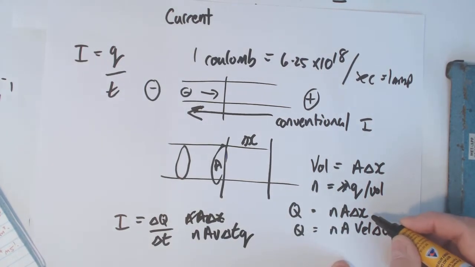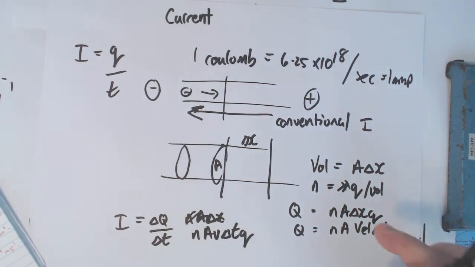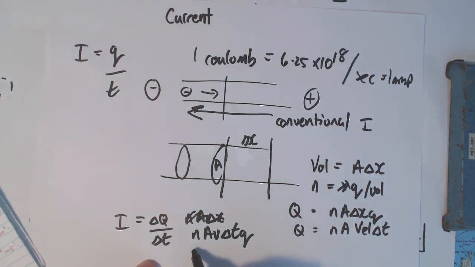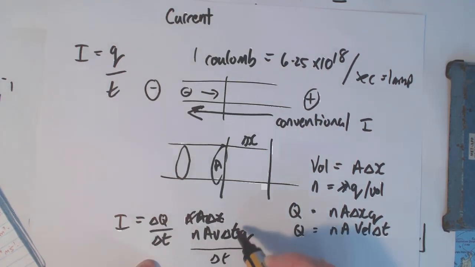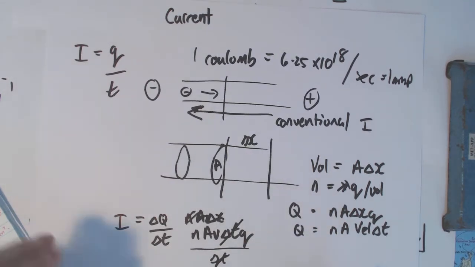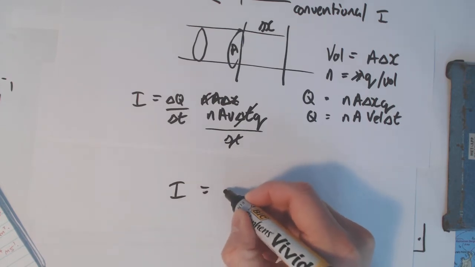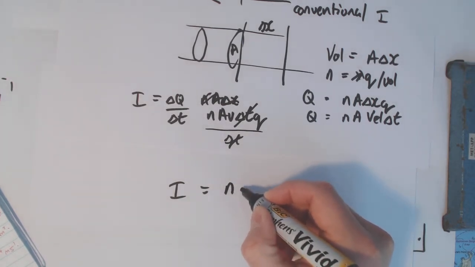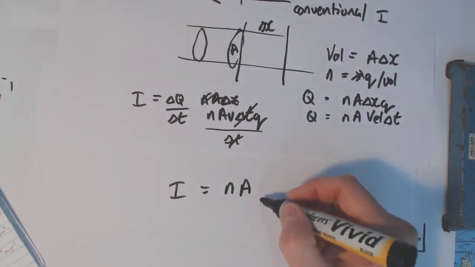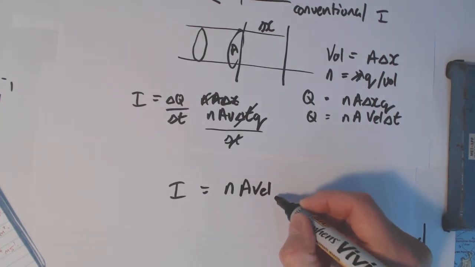I had to actually put on that charge, because you have to multiply the number of charges times the charge for a single charge to get the total charge. So we're good though. n A v delta t times the charge. But we need to divide that by delta t, which we can, and then it cancels. And so we end up with I being equal to n, number of charges per volume, A, times the velocity, times the charge.